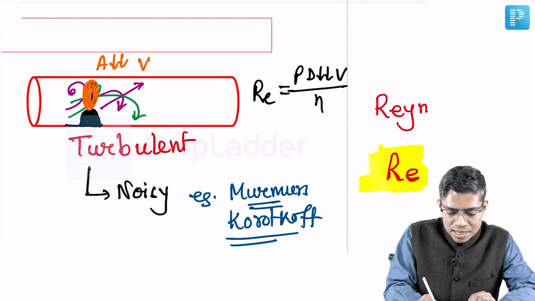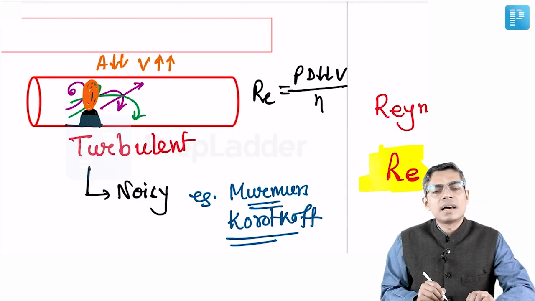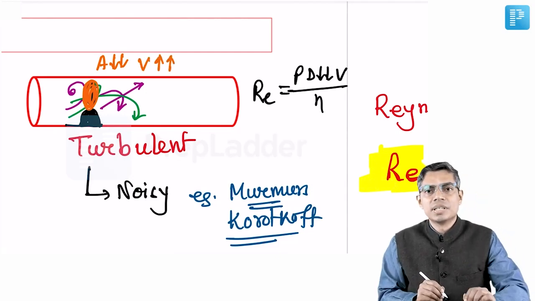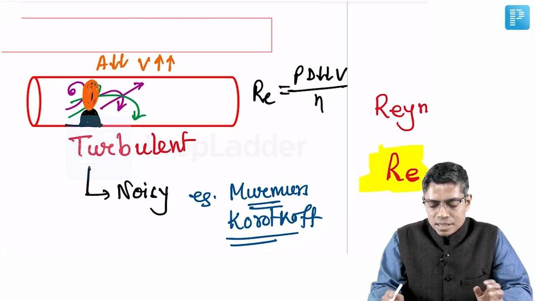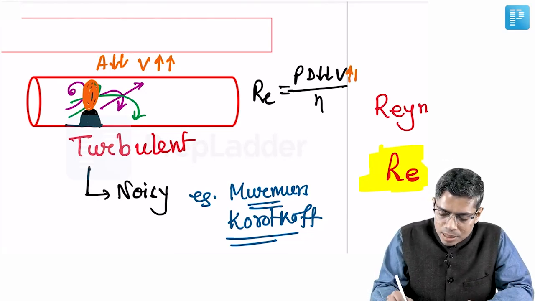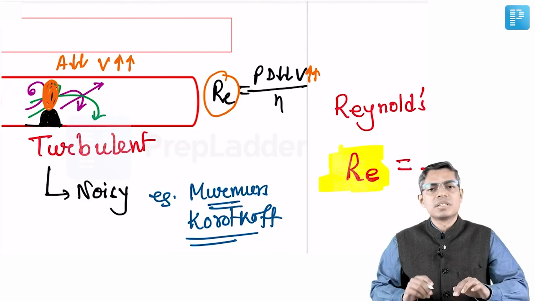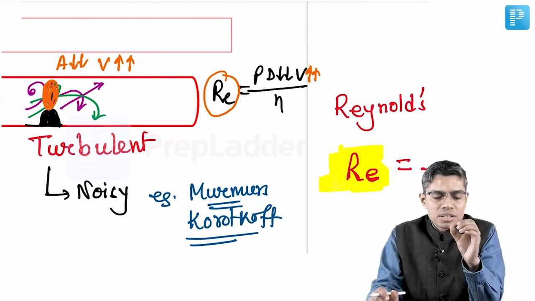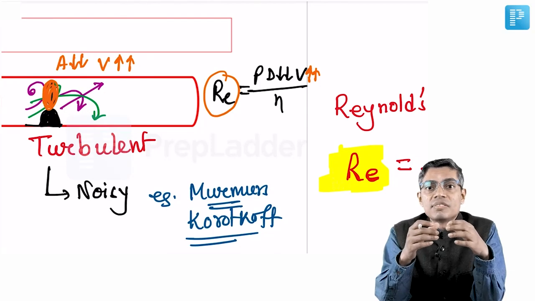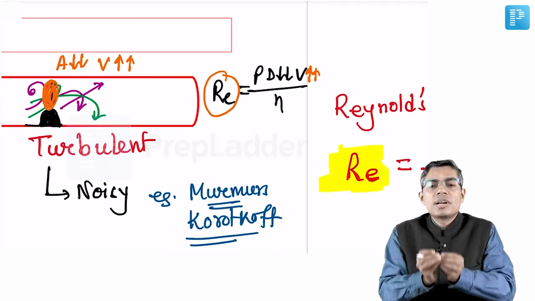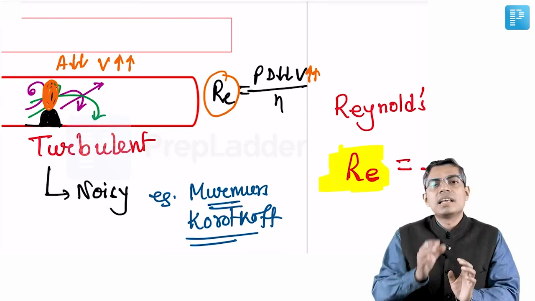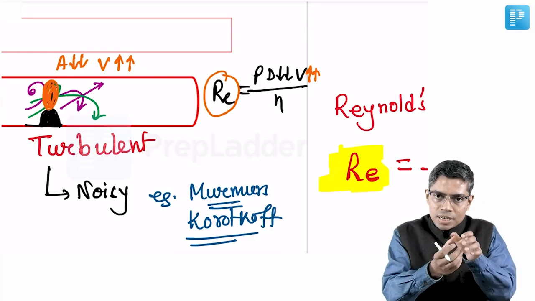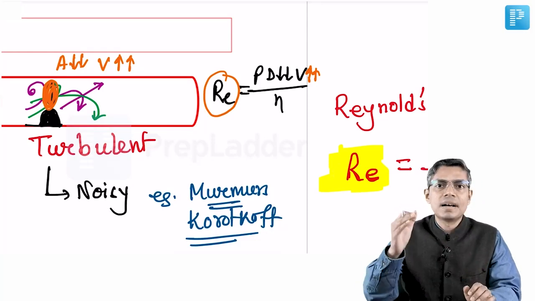If the cross-sectional area A decreases, then what will happen to the velocity? Velocity will increase. And I told you that the most important parameter for determining the Reynolds number is velocity. That's why whenever there is any obstruction in a vessel or in the heart valves, the velocity of blood flow through that stenotic valve or stenotic vessel will be very high.